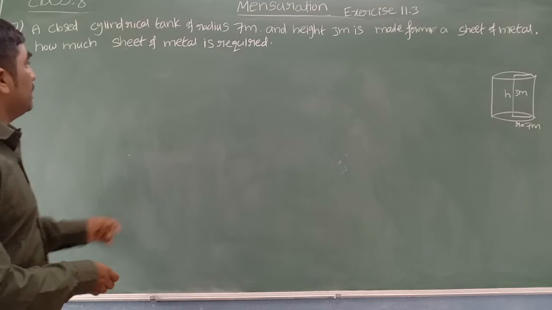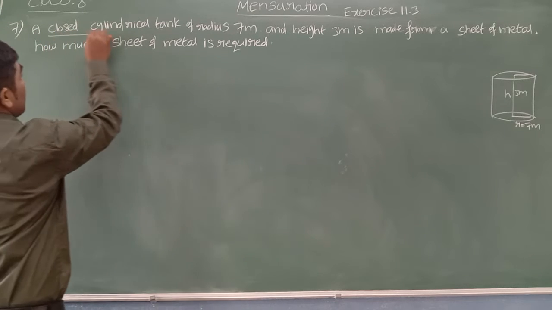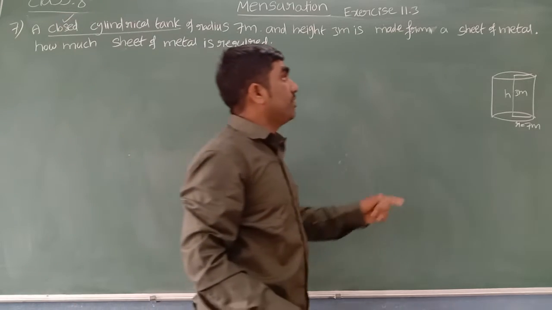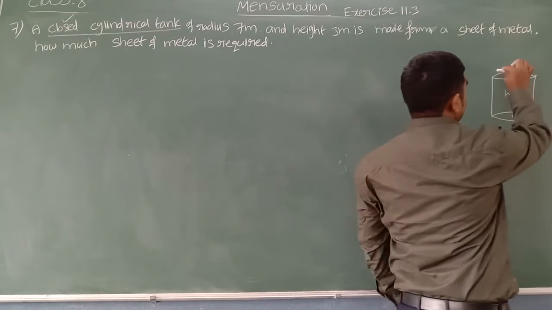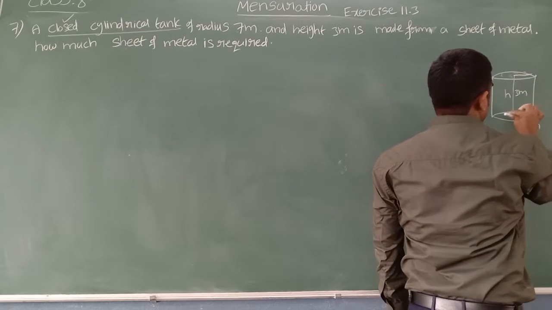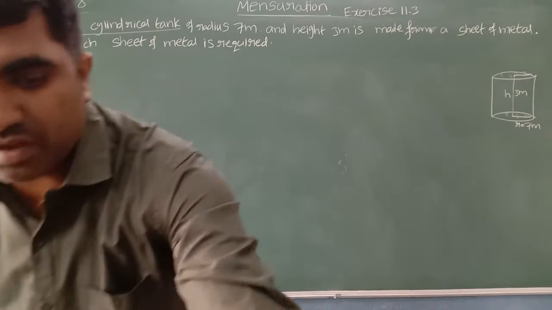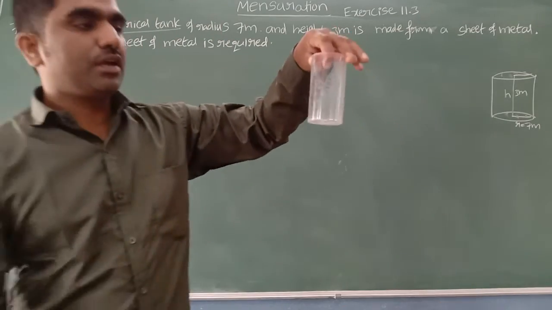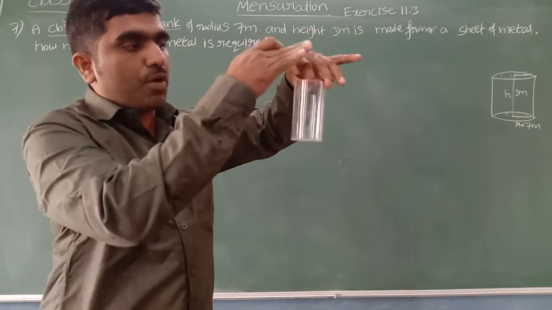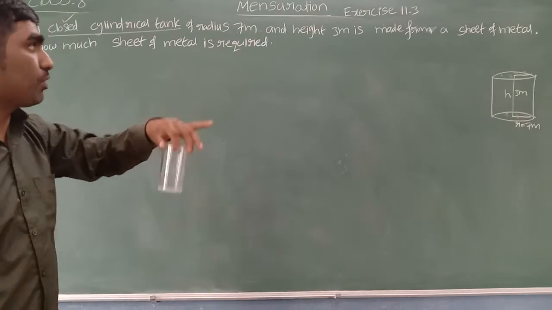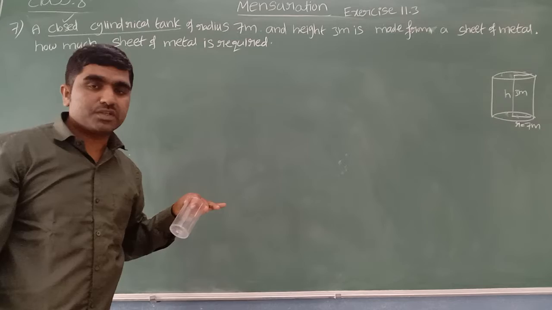First we need to observe here. They said closed cylindrical tank. It means its top and bottom are also covered with metal sheet. Top is closed, bottom also closed. Means not only the lateral part, even top and bottom also. Now tell me, how can I find the required metal sheet?